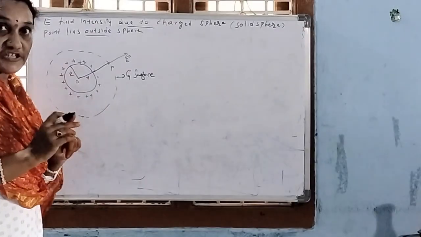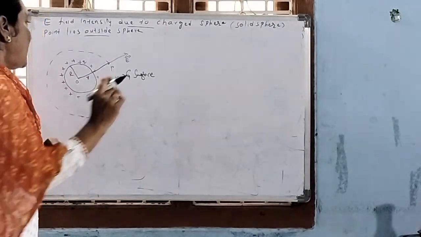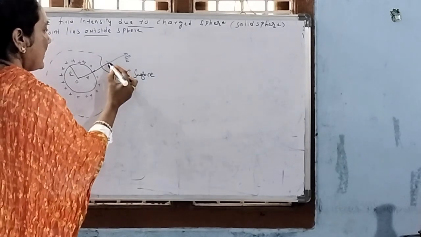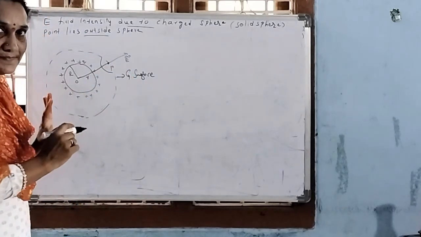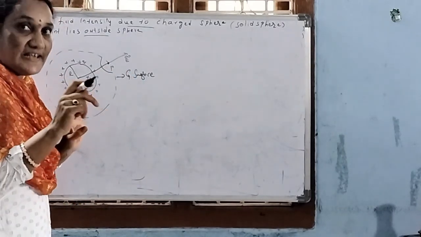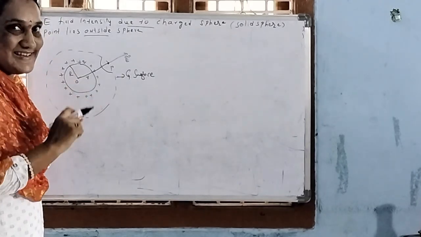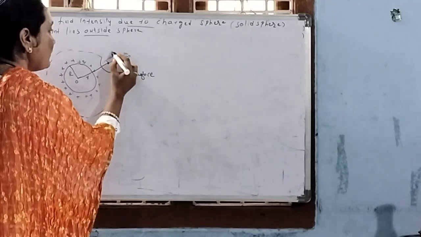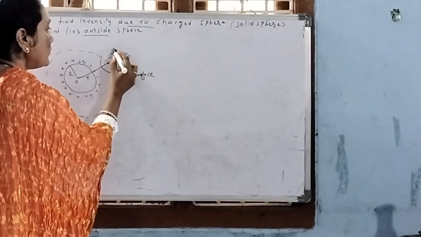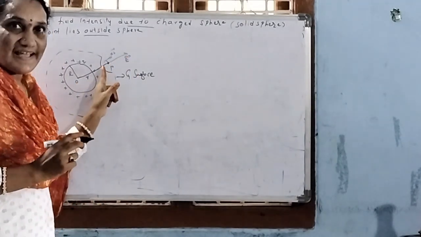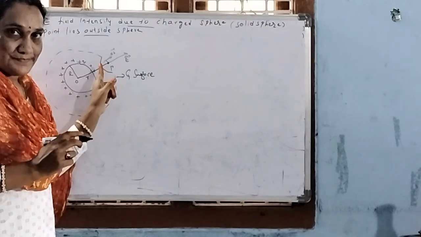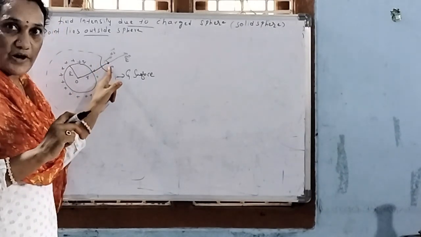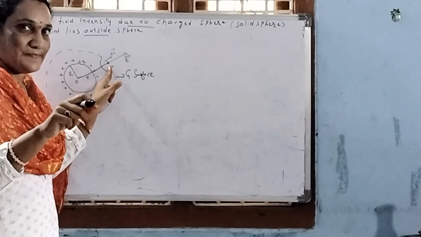Now next, let us consider a small area around this point P, denoted by vector ds. The direction of vector ds will be along the outward normal drawn from this elemental area.